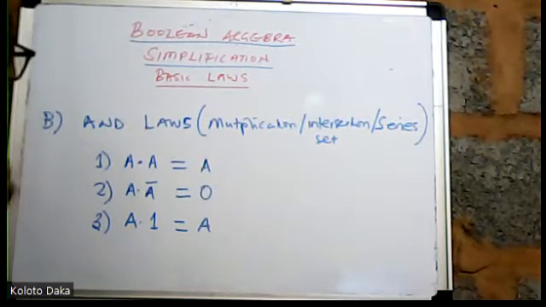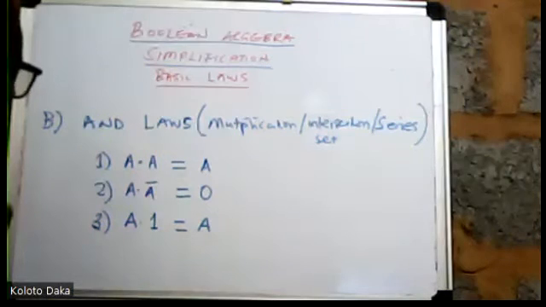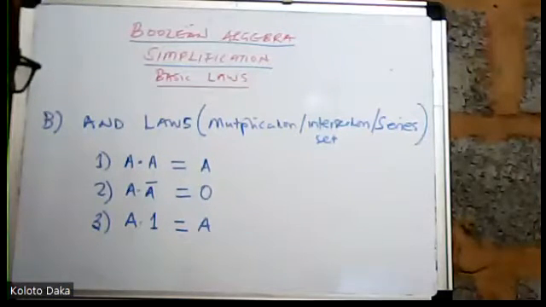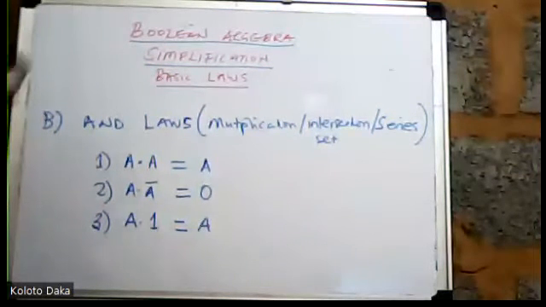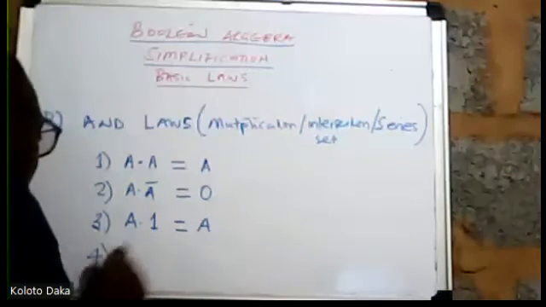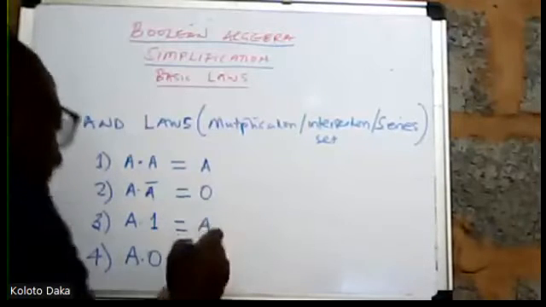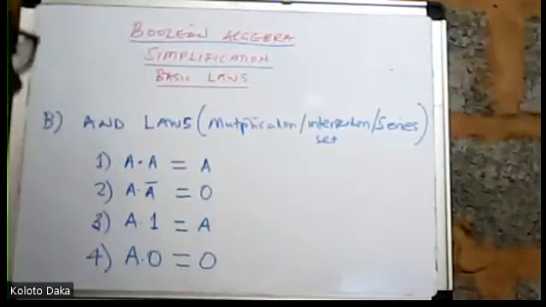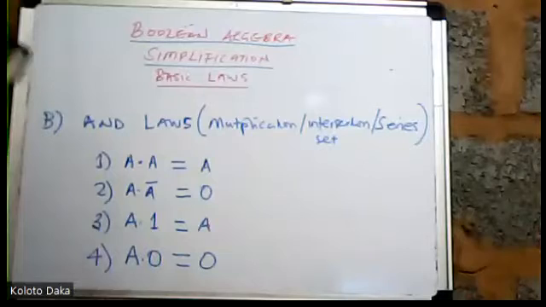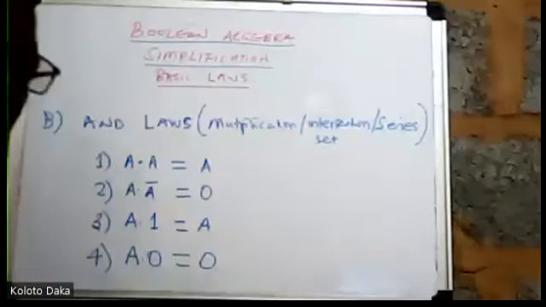It was A plus what? Plus 1. And the third one was what? A plus 0. Good. So A multiplied by 0, the answer will be what? 0. Because it is A in series with an open point.